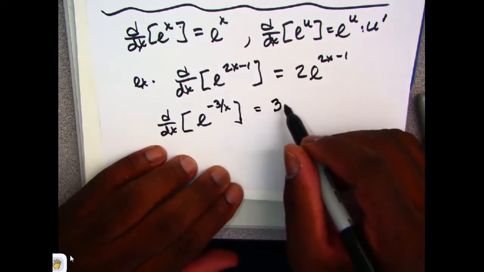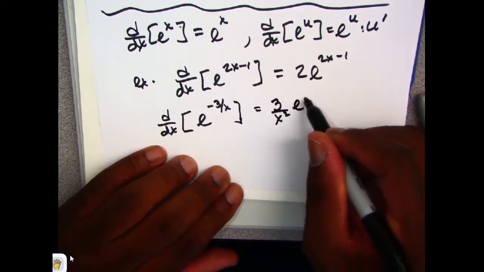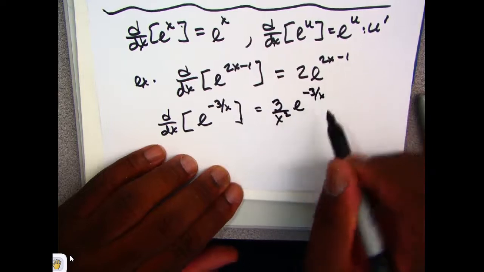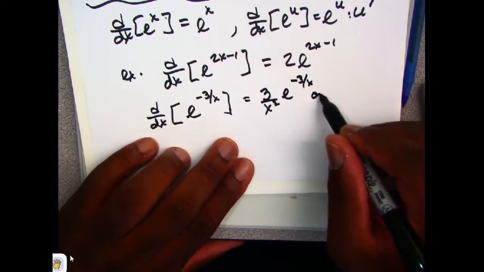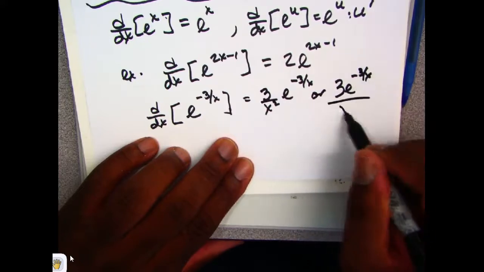So 3 over x squared times e to the negative 3 over x. Or 3e to the negative 3 over x, all over x squared.